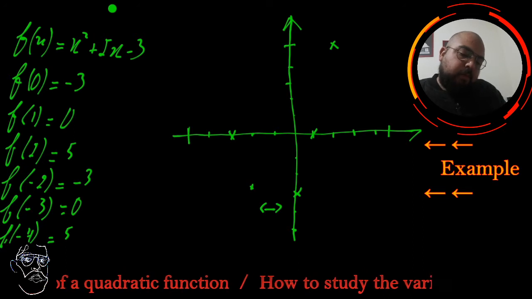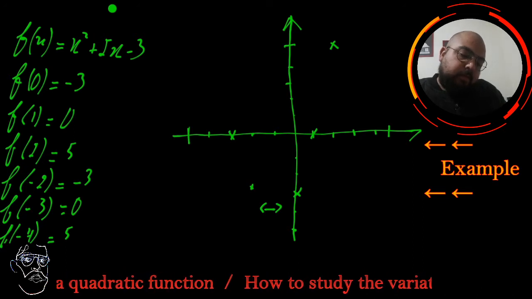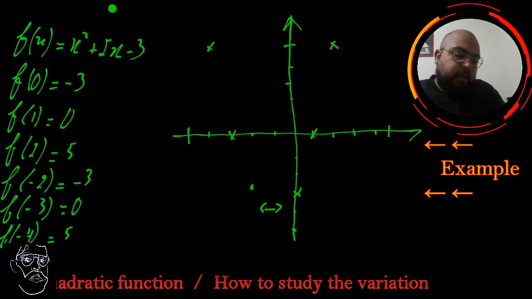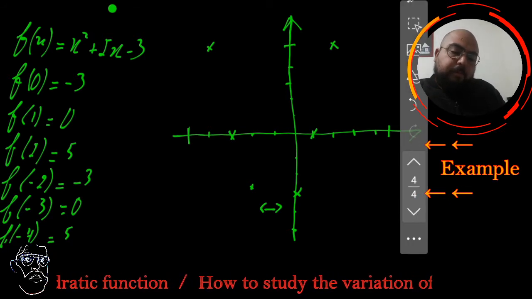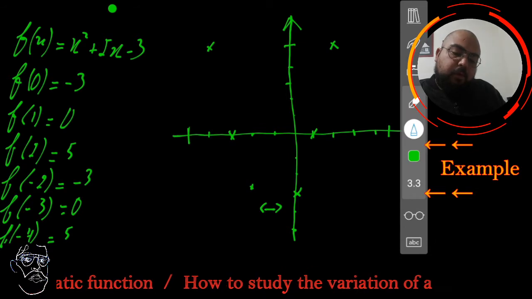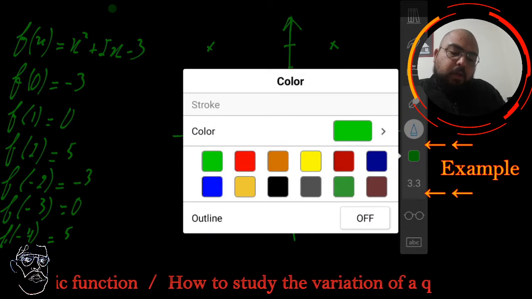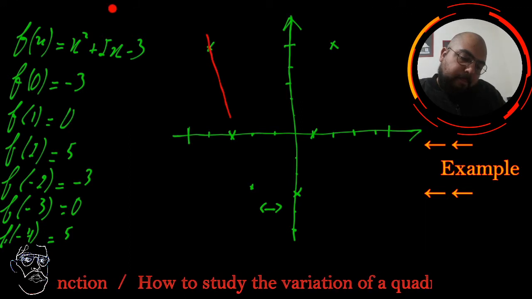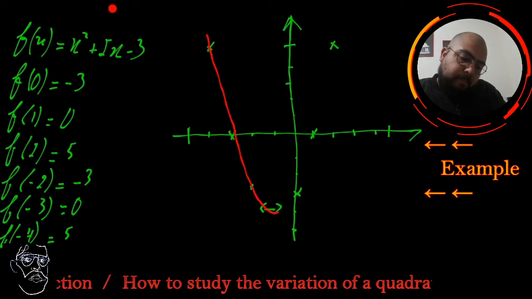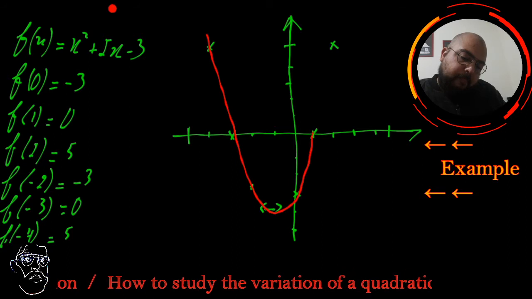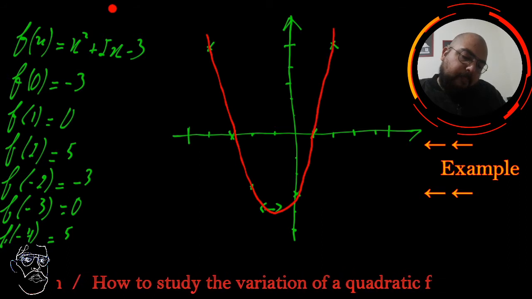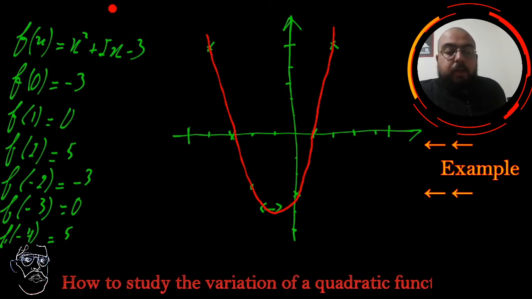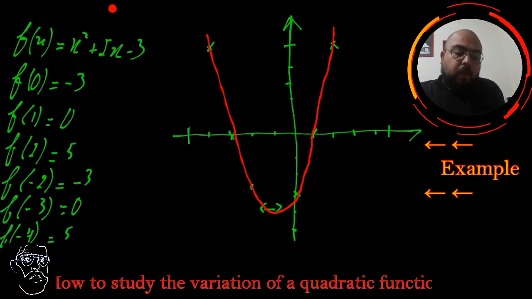And for -4 is again 5. So as you can see, my curve, it's a parabola of course, will have this shape. This is the curve that I will get for this function.